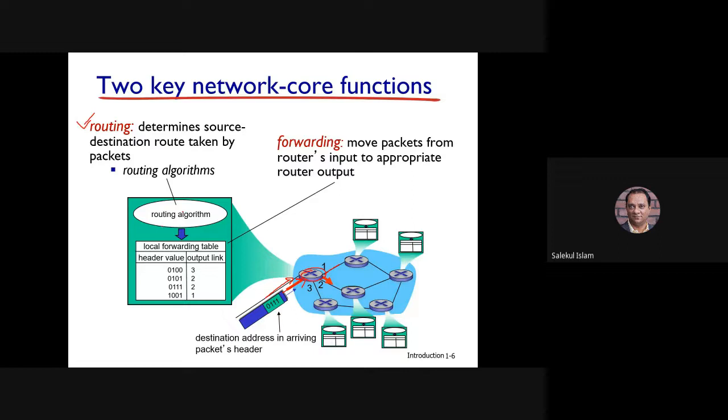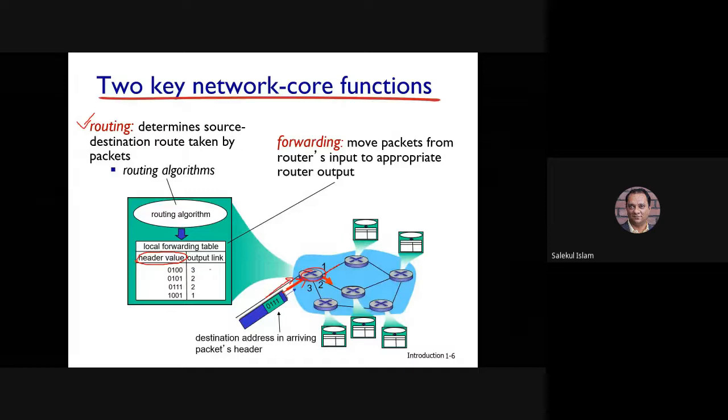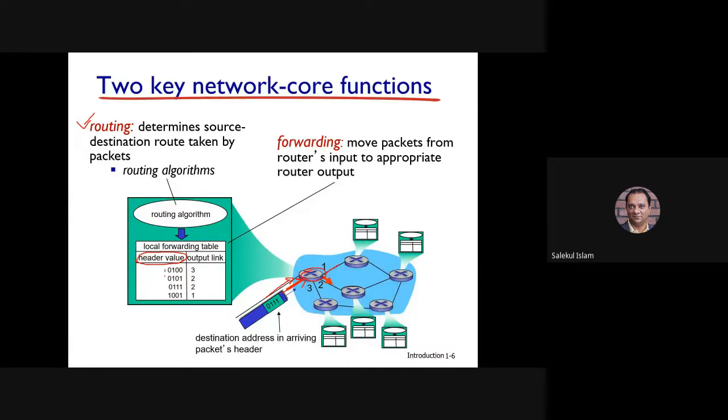The routing algorithm mainly has 2 entries. The first entry is from the header value. They look at the destination. Exactly, if you want to go from Dhanmondi to Gulshan and you don't know anything about the map, you ask the policeman and the policeman will give you the direction.